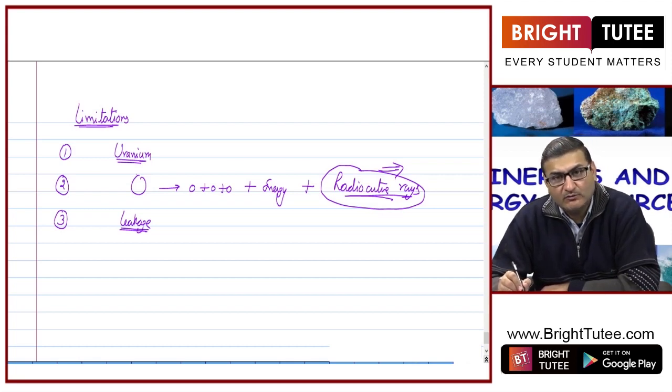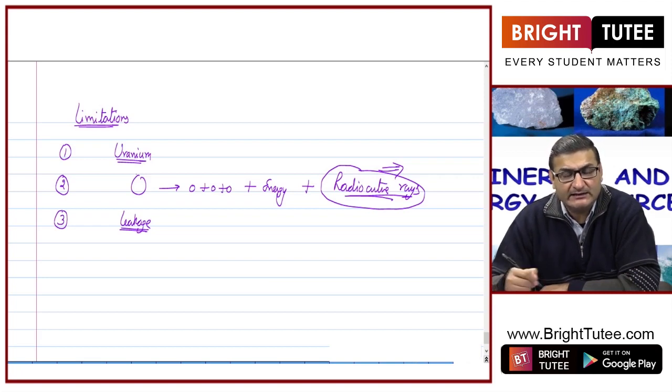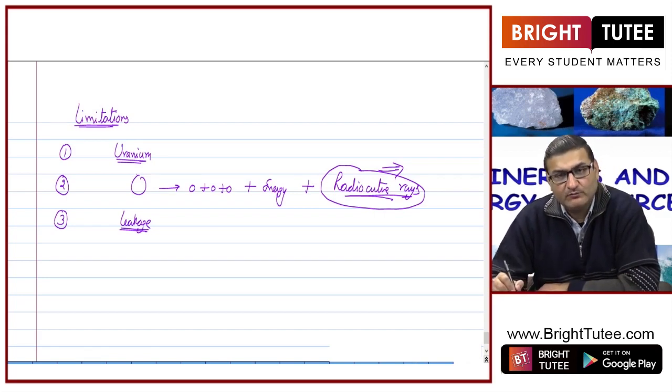So, all those areas where the leakage occurred, they had disastrous effects, causing a lot of damage to life, and that is why there is a threat to it. So, these are the various limitations, the various reasons because of which this nuclear energy is also a bit of a threat, or we need to be very cautious while using it.